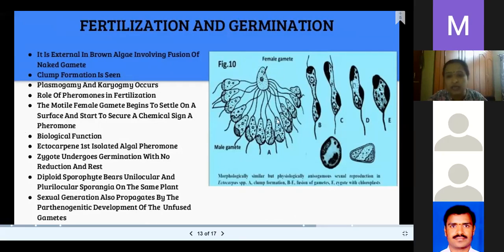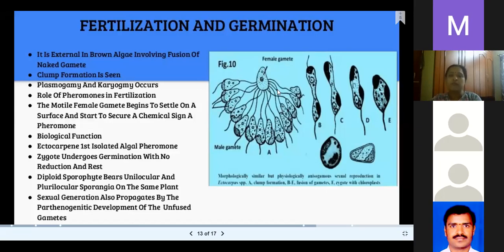This formation is called clump formation. What is the formation here, ma? The formation is called clump formation, where many male gametes gather around a single female gamete.